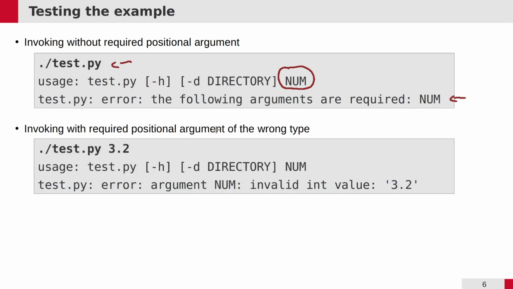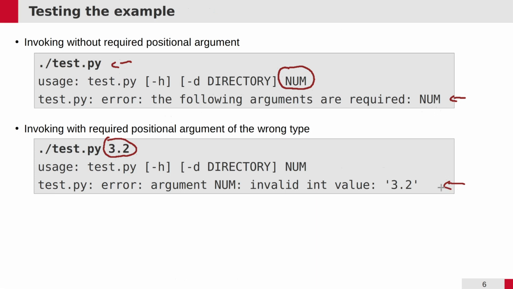Or for example, let's try to pass as a positional argument something which doesn't look like an integer, like I am specifying here 3.2. However, we had set up that this argument type should be an integer, and immediately we get an error message that this num which we specified is not an integer value.